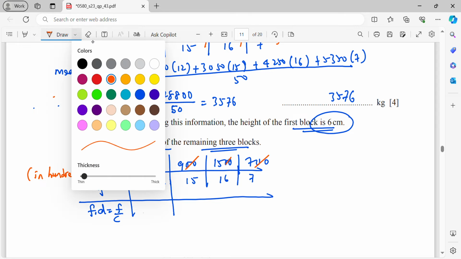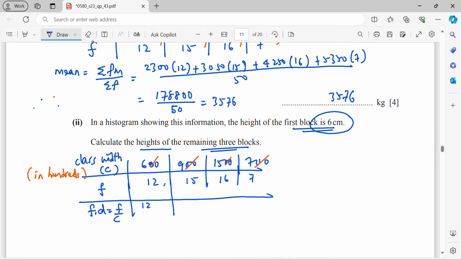Okay, so here I will just write F over C. F over C is 12 over 6. This is 2. Okay, then here it will be 15 over 9. Then this is 16 over 15. Then 7 over 7, which is 1.